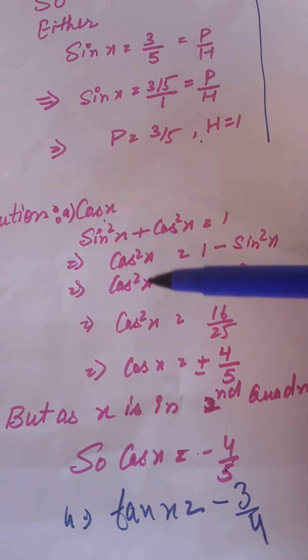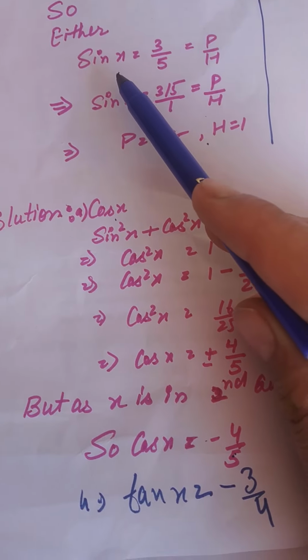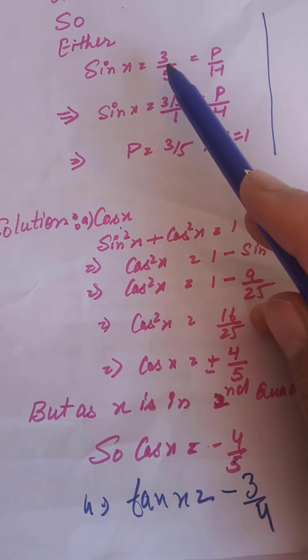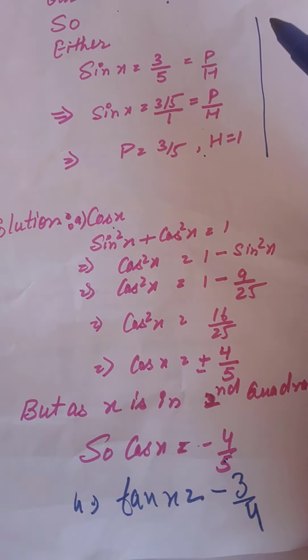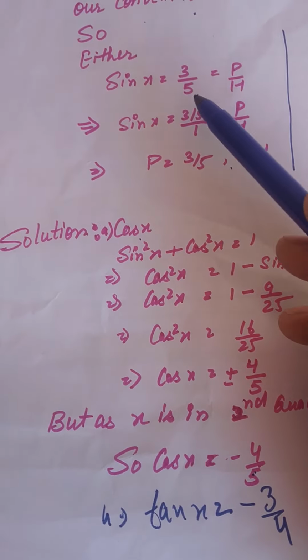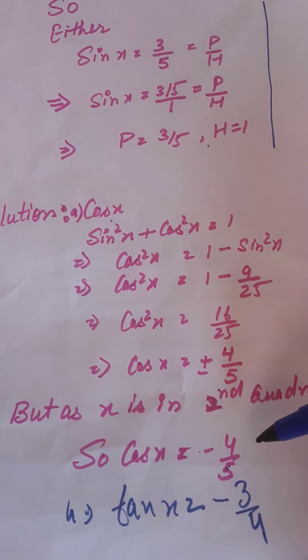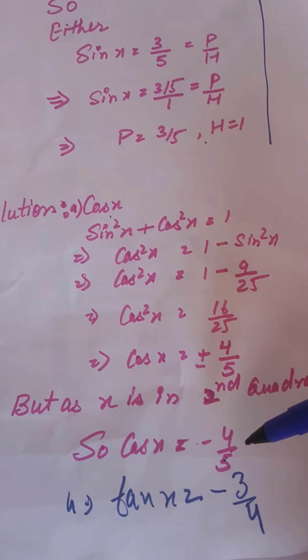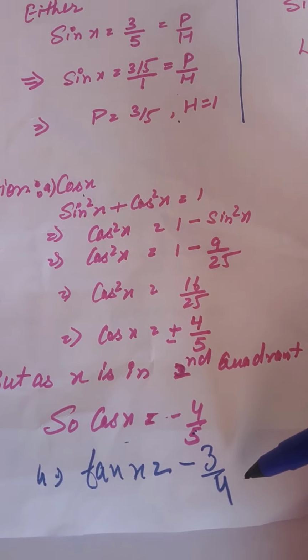Then cosec x is the reciprocal of sin x, so cosec x is plus 5 over 3, as sin is positive in the second quadrant. Then comes sec: as cos is negative in the second quadrant, sec will be minus 5 over 4, and cot is the reverse of tan, minus 4 over 3.